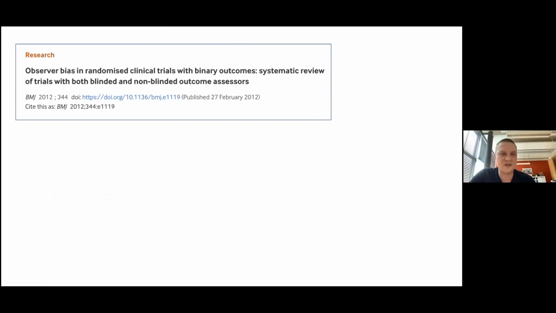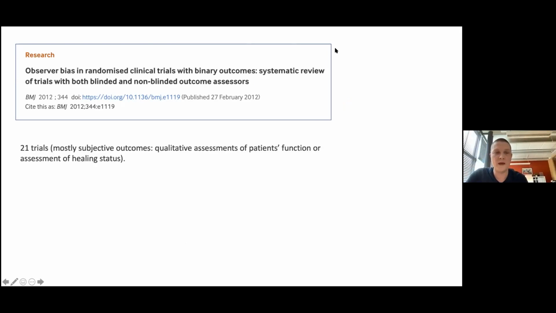Okay, and then my last example of bias, and this really doesn't have anything to do with p-values. My last observation here is this study, which is quite old now, but is interesting. They looked at observer bias in randomized clinical trials with binary outcomes. In these 21 trials that were included in this systematic review, they'd done both blinded and non-blinded assessment. So the person actually assessing the patient was blinded and non-blinded, and they compared.